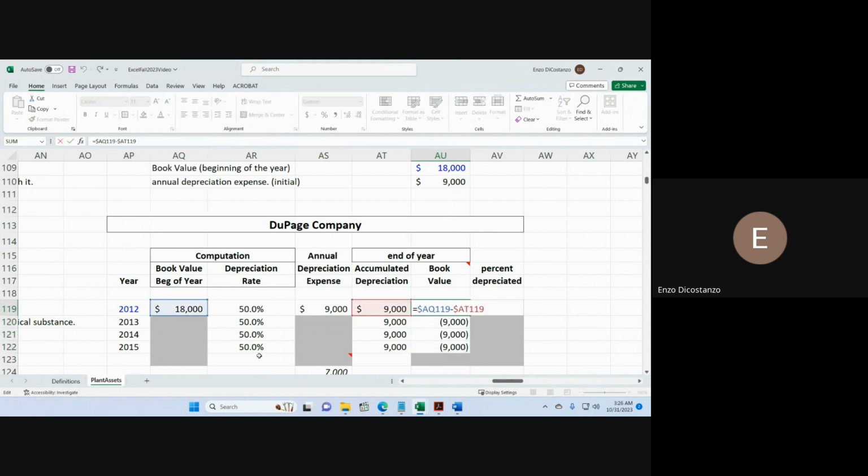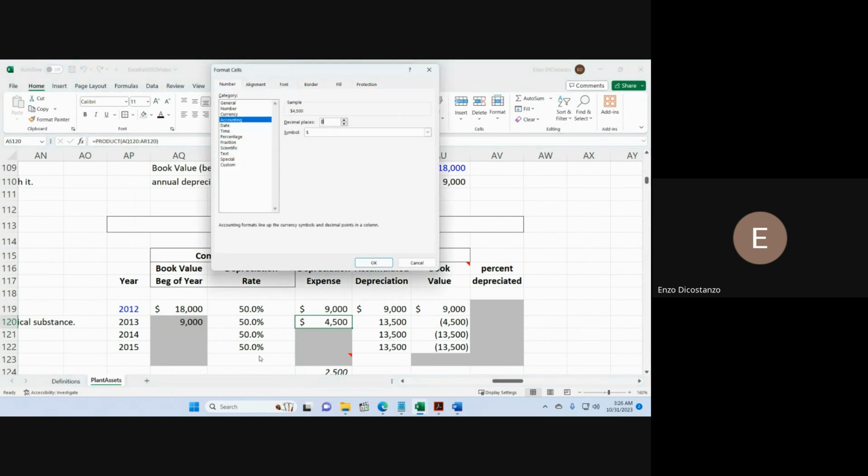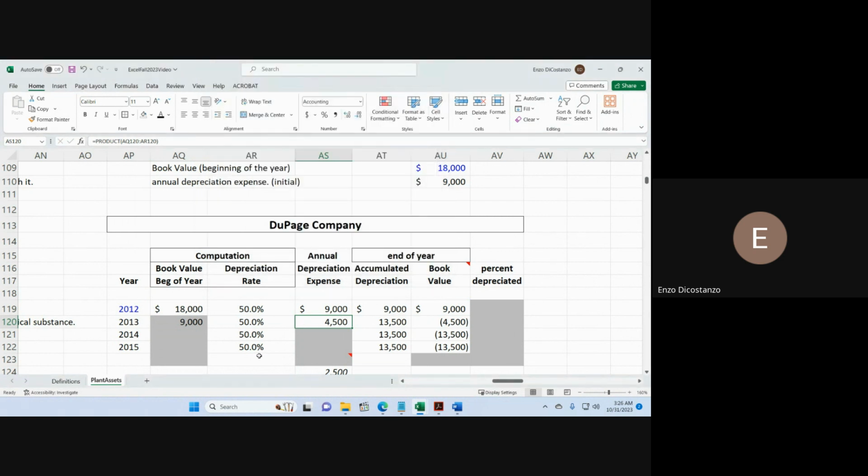Okay, so there's our book value there. So we're down to 9. So at the start of the year is what, which this was previously. Okay, so the accumulated depreciation is 13,500.